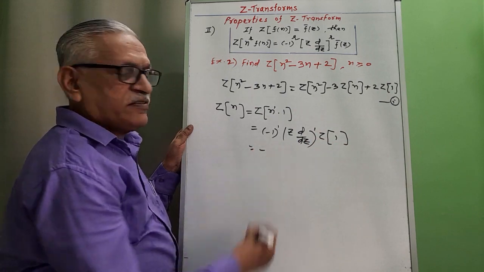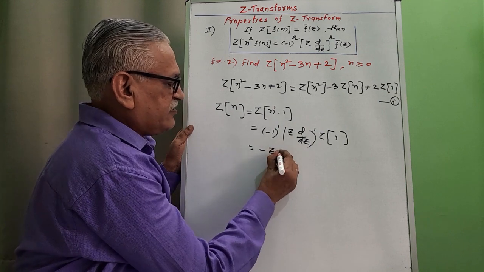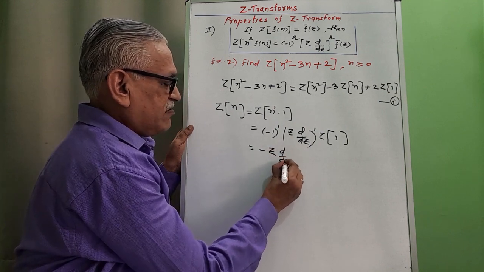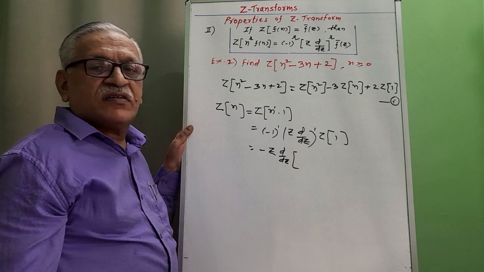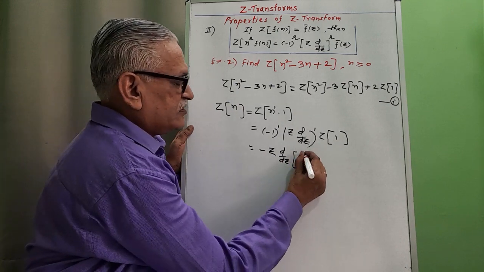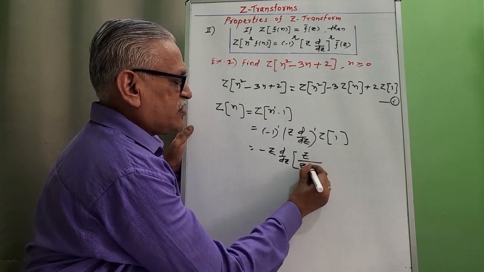Then it is minus z d by dz of the Z transform of 1; standard result, it is z upon z minus 1.